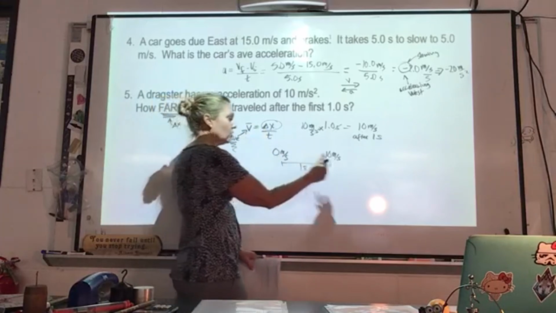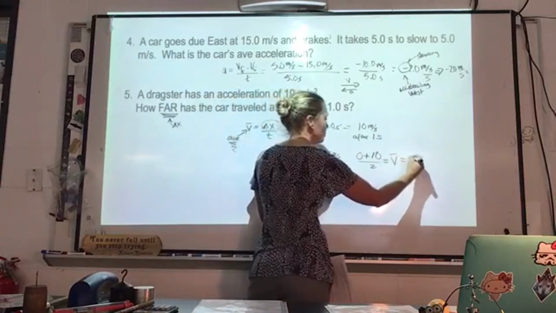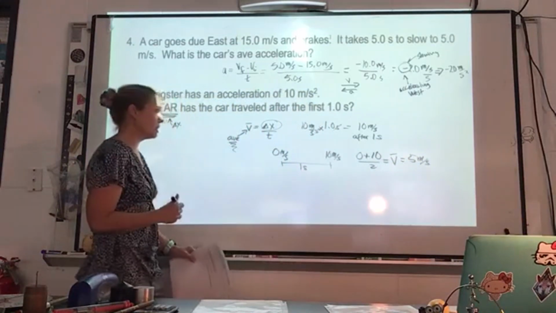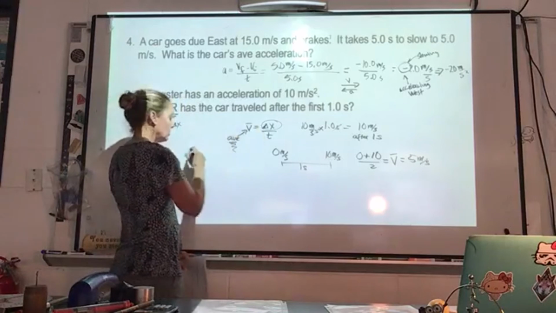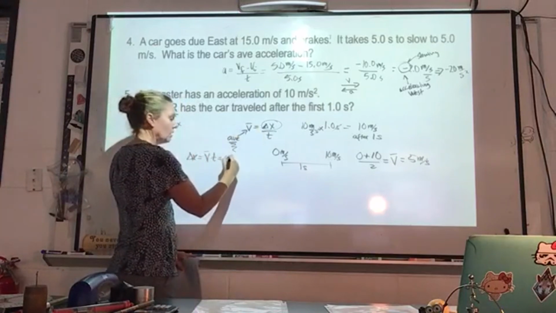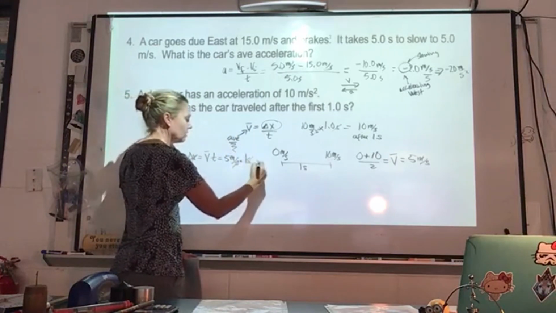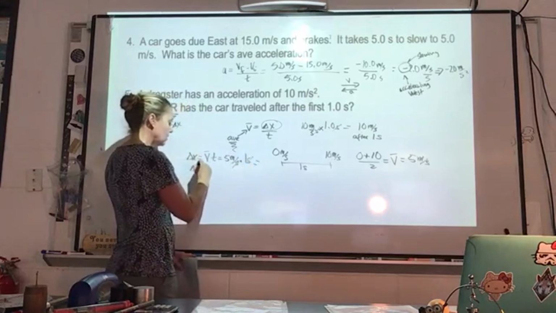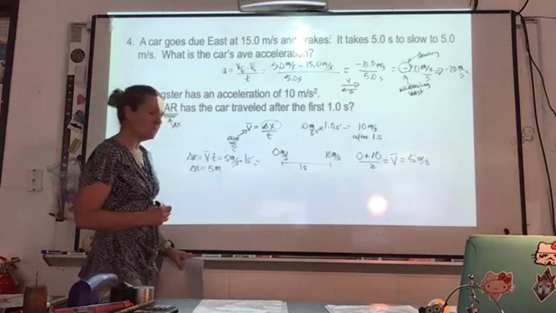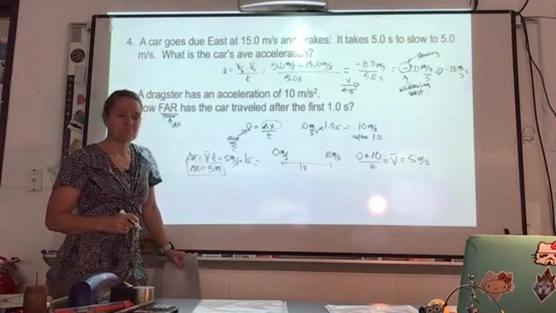If you start at 0, 0 plus 10 divided by 2 gives you your average. My average velocity is 5 meters per second. So if I want to solve for delta x, which is average velocity times time, I take my 5 meters per second and times it by a second. And then I will find out my dragster has only traveled 5 meters in the first second.